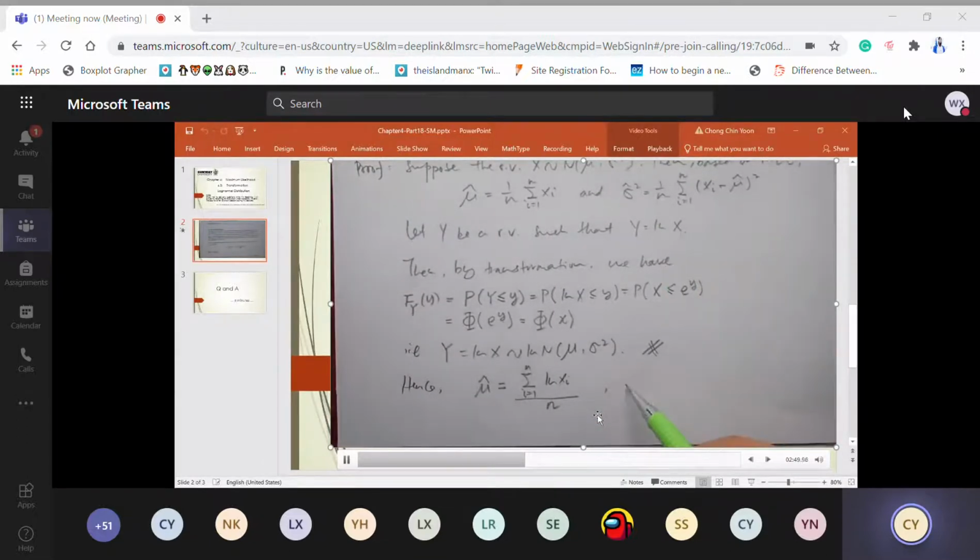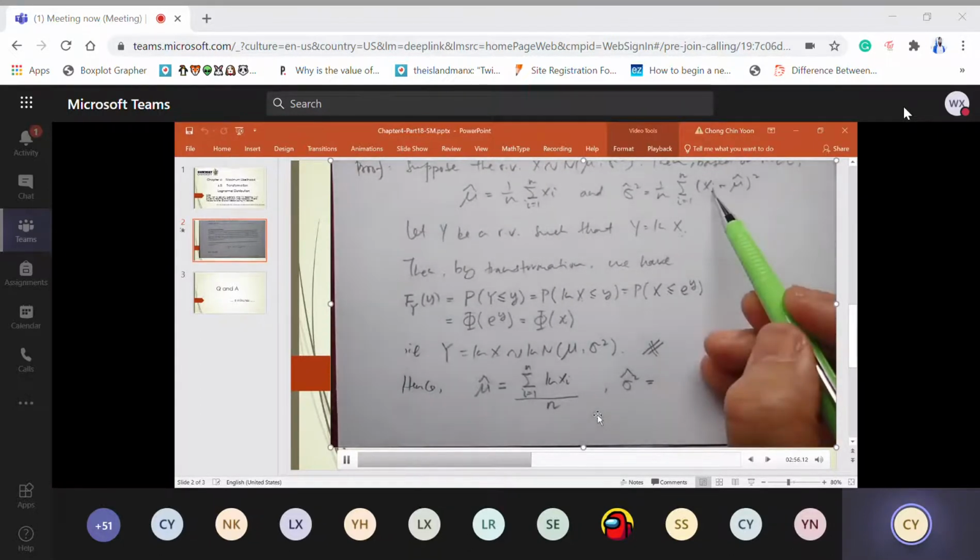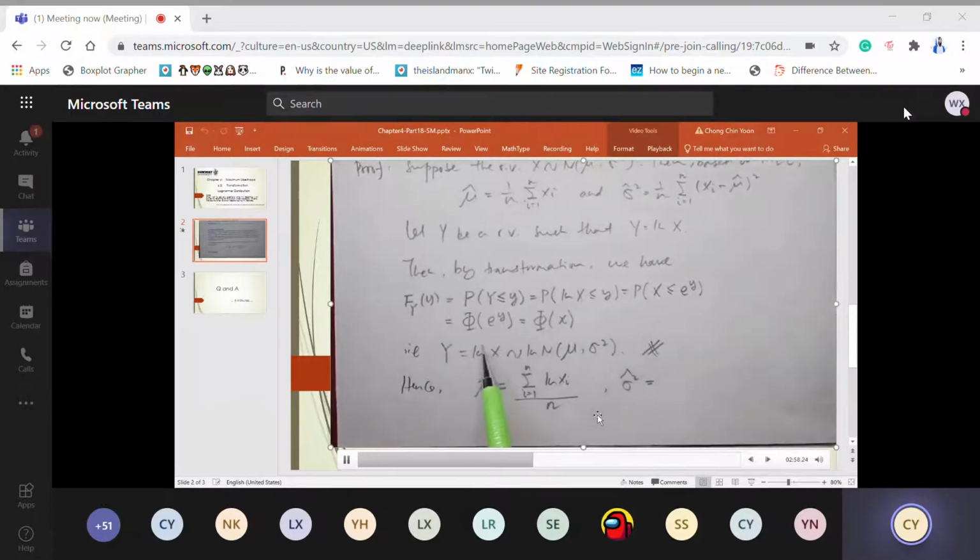And the sigma square is equal to this, when the observation xi is replaced by log x. So we will have the summation of log xi minus the mean, squared, when i takes from 1 to n, divided by the sample size n. And hence we prove the result.